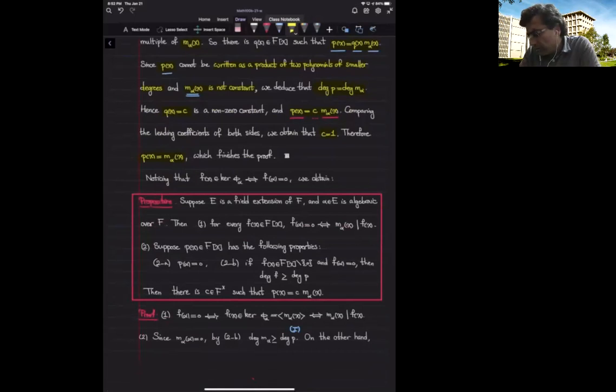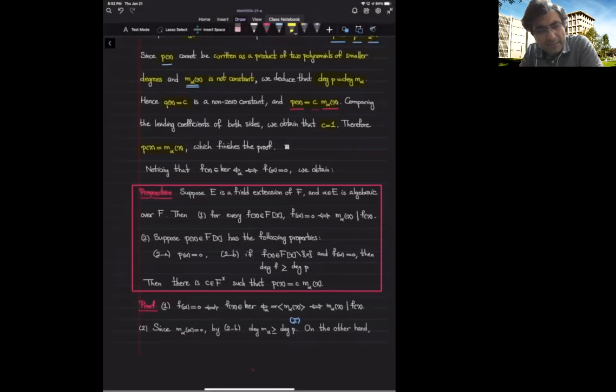Let's also point out that we can understand this minimality in terms of just degree. So meaning, among all the polynomials that have alpha as a 0, the smallest degree among all the non-zero polynomials that have alpha as a 0 is precisely the degree of the minimal polynomial. So let's formulate this precisely and write it in the form of a proposition.